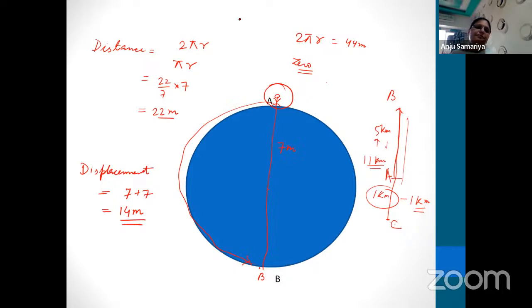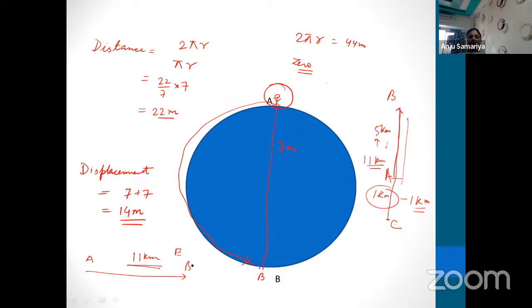So if a boy is cycling and he moves 11 kilometers from A to a point B along a straight line path, the distance traveled is 11 kilometers, and the displacement is also 11 kilometers north or east, whatever.